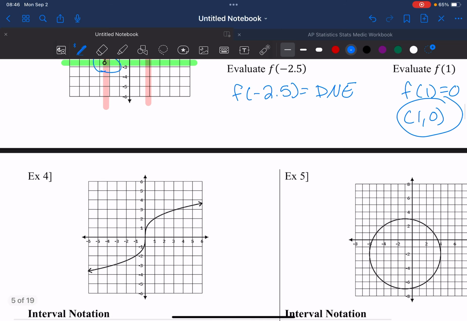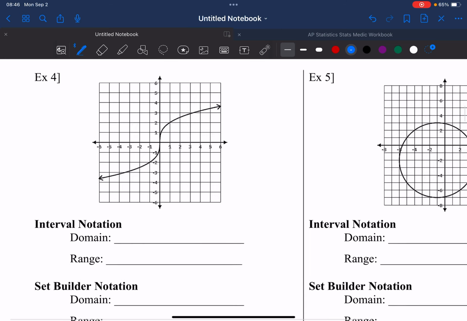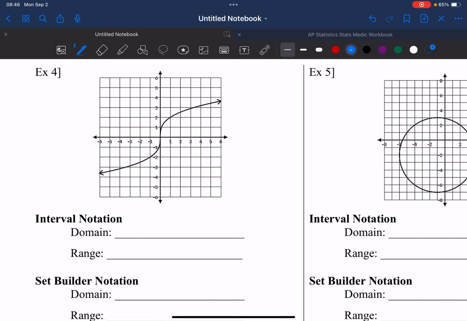Okay. Let's look at number 4. Number 4, notice again that we have arrows on both sides. Those arrows are going to tell us that we are most likely going to have a negative infinity and a positive infinity.